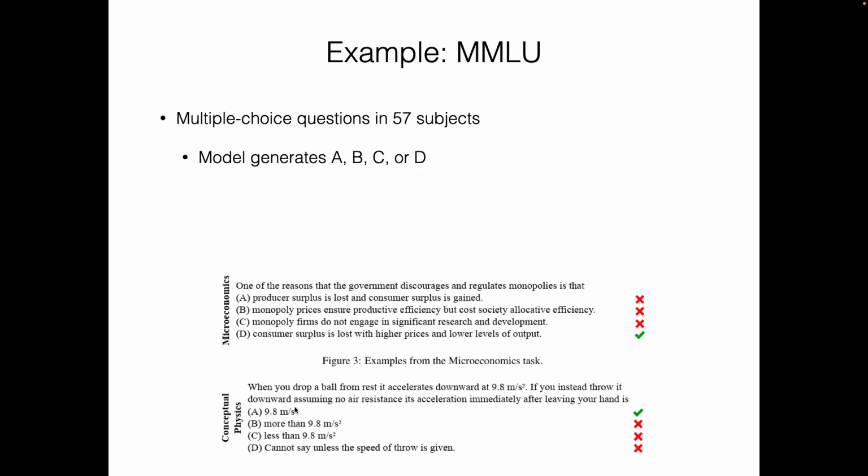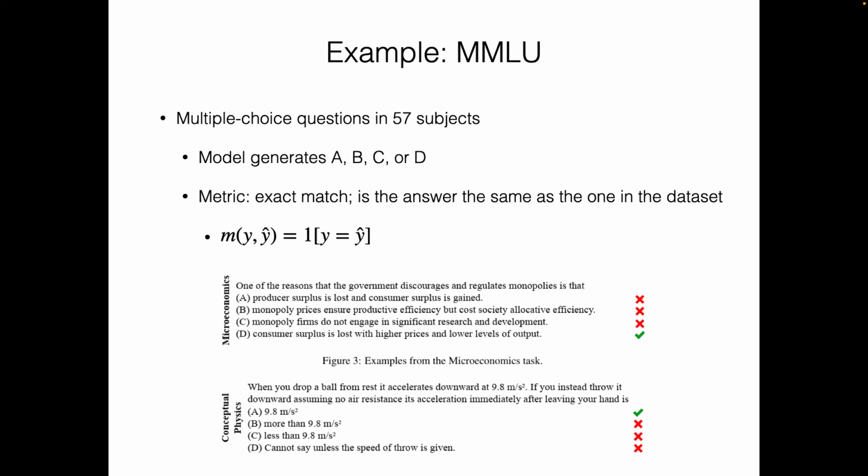And the idea is the model just has to generate, or you can even have a classifier, just A, B, C, or D. So it's a multiple choice benchmark. And here the metric is exact match, so whether the generated answer is the same as the one in the data set.